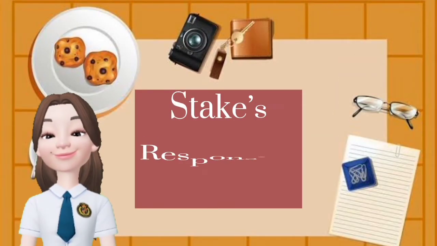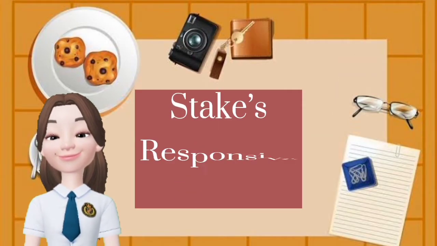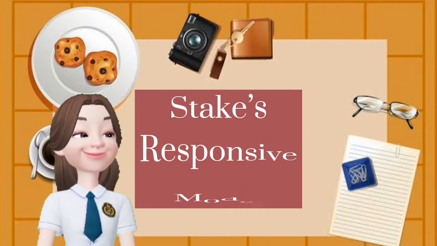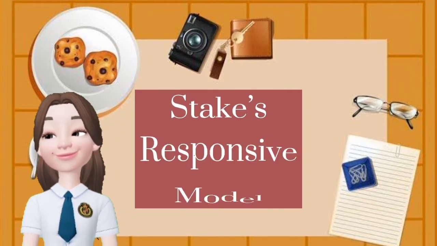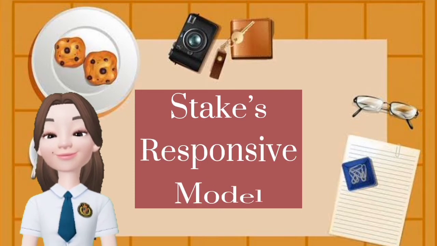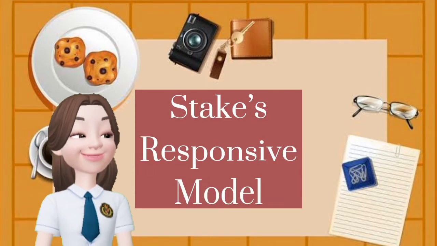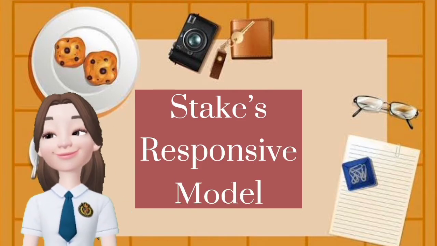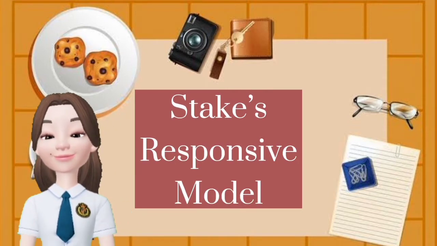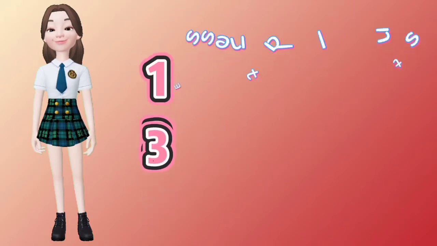Next is Stake's Responsive Model. This model was developed by Robert Stake in 1973. This evaluation model gives more emphasis on a full description of the evaluation program as well as the evaluation process itself. It has three essential elements.